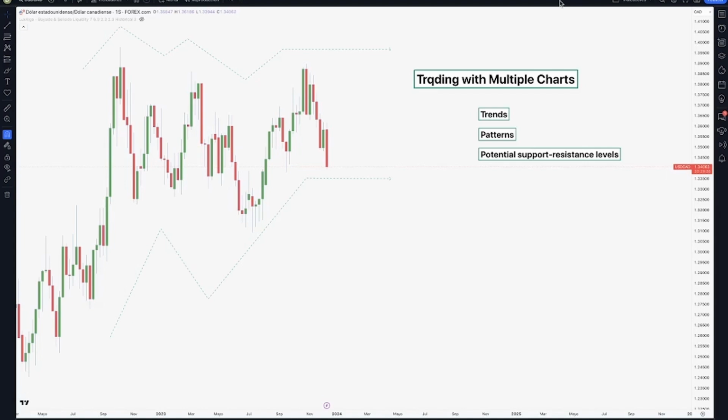By examining, for example, various time frames such as short-term and long-term charts, you can identify either trends, patterns, or potential support and resistance levels, depending on the strategy you have, of course, right? So this comprehensive analysis can provide a more nuanced view of market conditions and help you to make more informed decisions during the periods of trading.